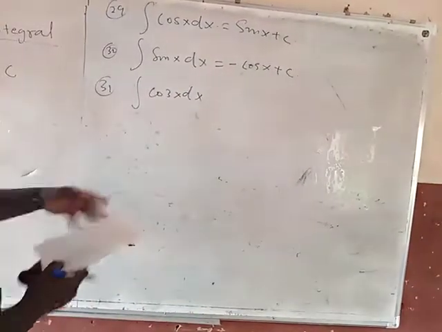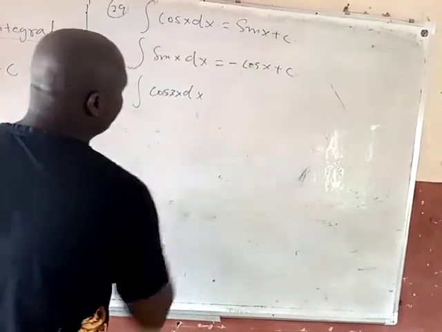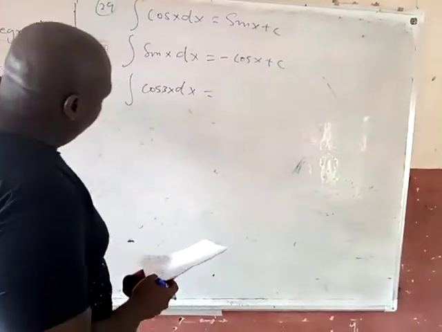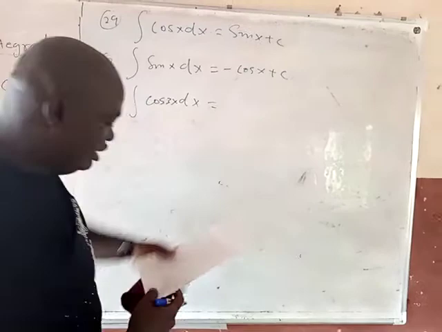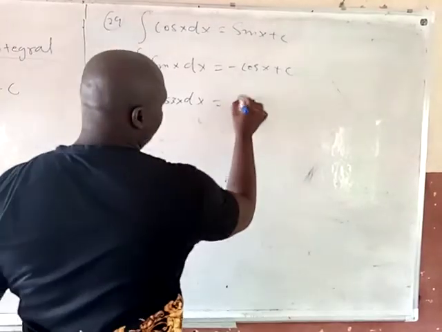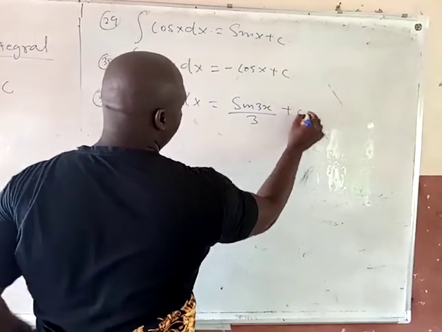You already know that whenever you integrate cos, what you're going to get is sine. So all you have to do is sine 3x, and you divide it by the coefficient of 3 attached to the x. So this will give me sine of 3x divided by 3 plus c.